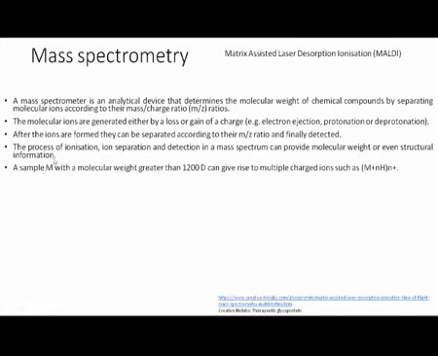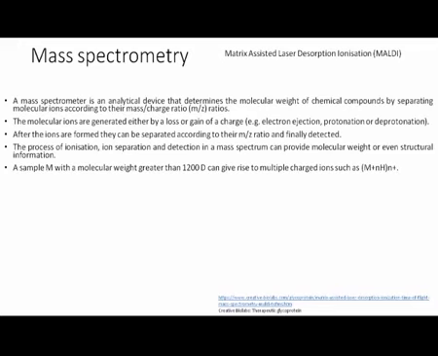A sample M with a molecular weight greater than, let us say, 1200 Dalton, D is Dalton, can give rise to multiple charged ions. The charged states are M plus nH with n number of charges, where n is the number of charges that a particular mass can gain.